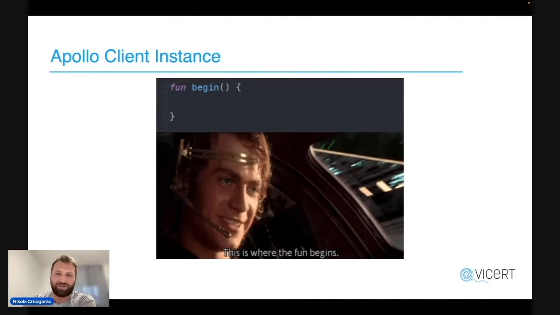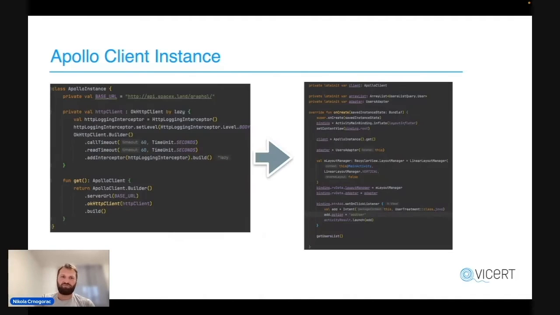So let's have some fun. First, after doing all of these initial steps, configuring GraphQL and everything, now we can finally start using it and seeing our results in the code.